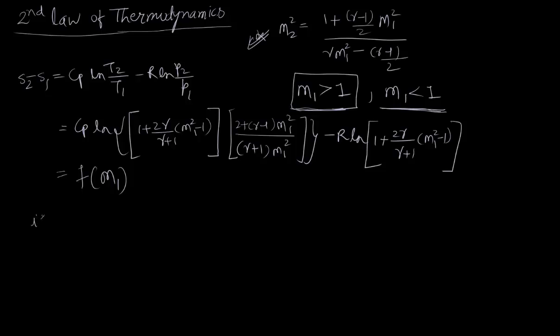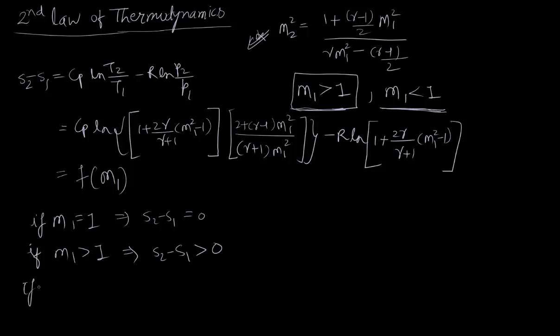Now if M1 is equal to 1, then our S2 minus S1 will become 0. If our M1 is greater than 1, then S2 minus S1 will come out to be greater than 0.